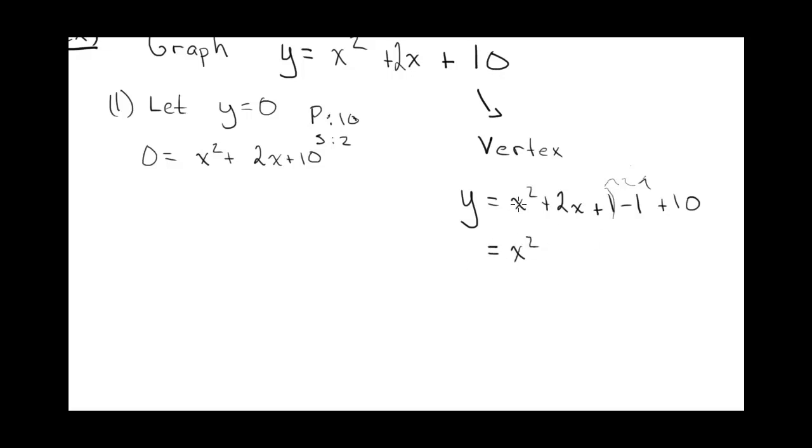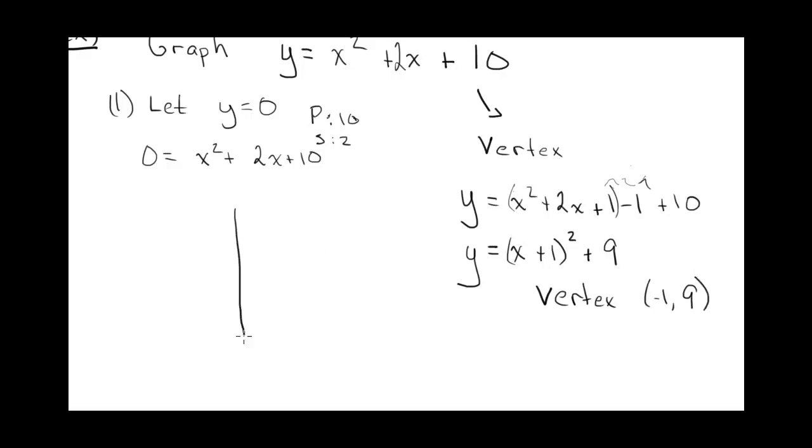Group the first 3 terms and factor that trinomial. x plus 1 squared minus 1 plus 10 is plus 9. So in this situation, the vertex is negative 1, always the opposite of that, 9.